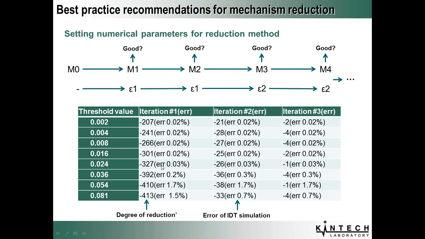Then we can increase the parameter value and generate a reduced mechanism. Here is the degree of the reduction. It is the number of reactions which can be safely removed from the mechanism.